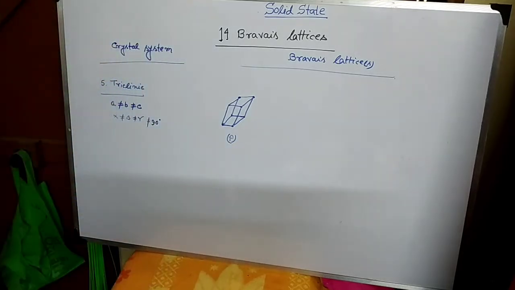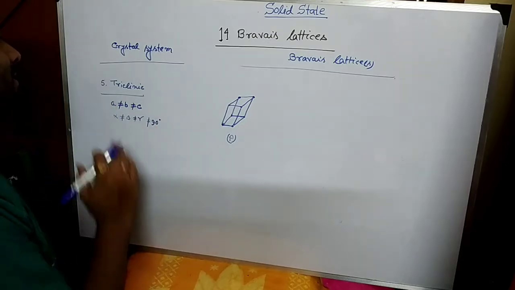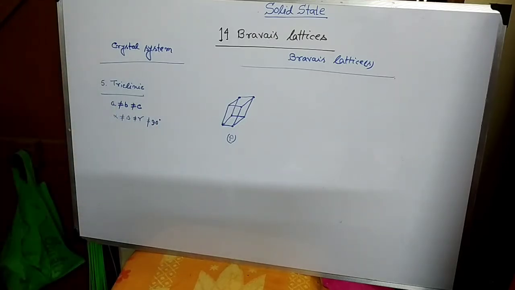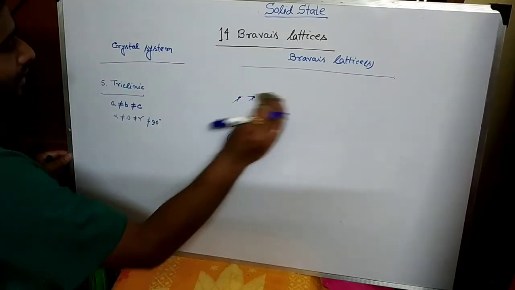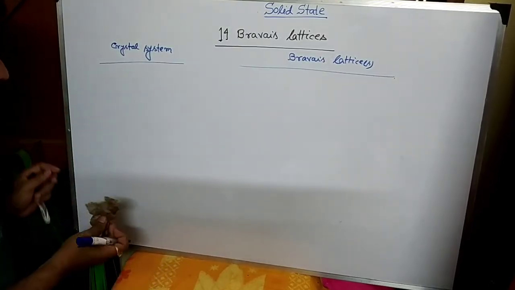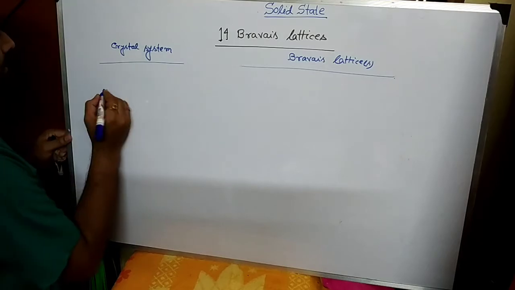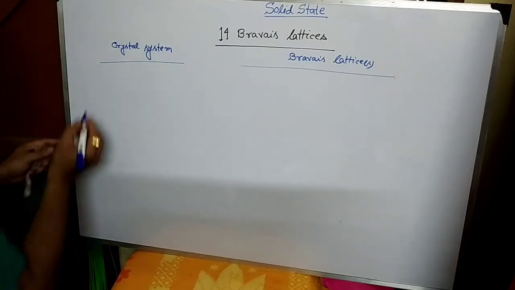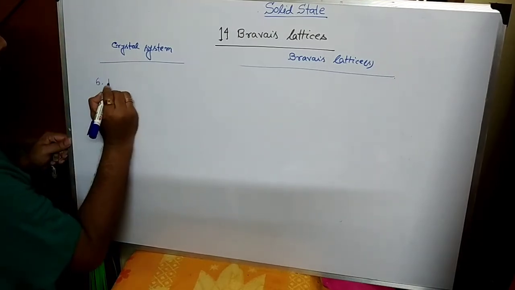Other Bravais lattice systems are absent for this triclinic system. Similarly, for hexagonal system and rhombohedral system, we will get 1 Bravais lattice system each. The next is hexagonal.